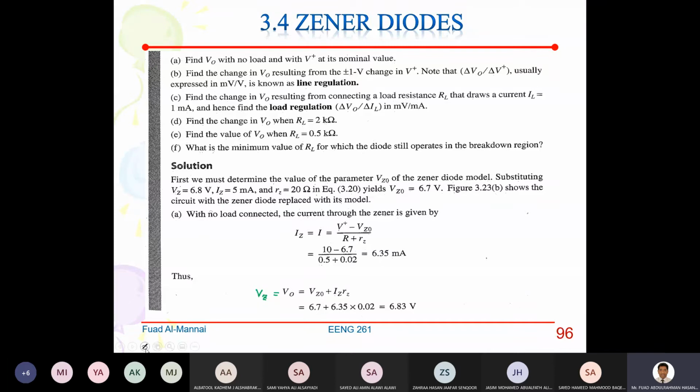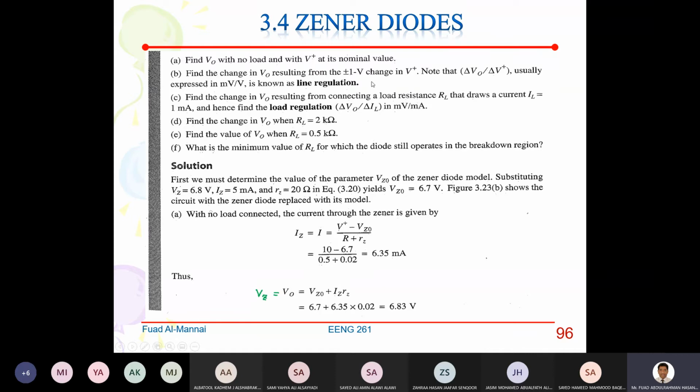Now what we're going to do is calculate: find the change in V out resulting from the plus or minus 1 volt change in VCC. Some of the books don't write VCC, they write V plus, which means VCC.